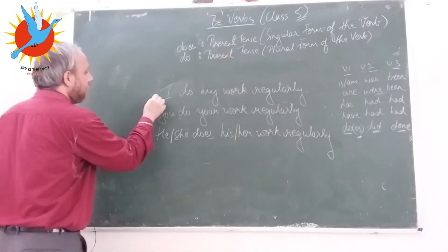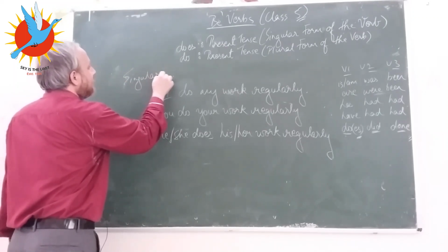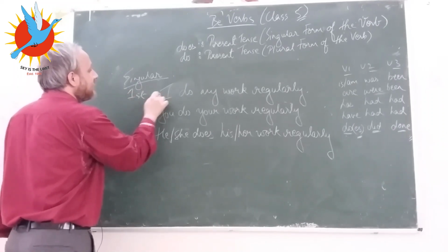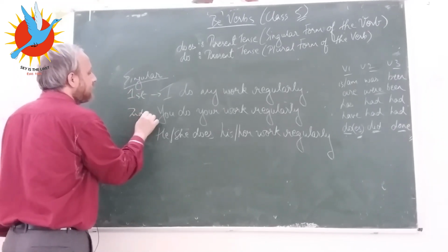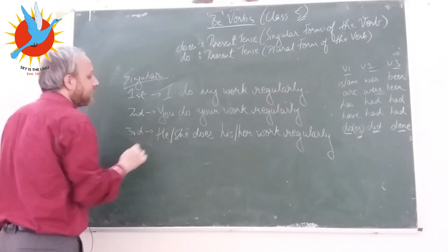So remember, here we are talking about singular subject pronouns. This is I, is what? First person singular. You is what? Second person singular. And he and she, third person singular.